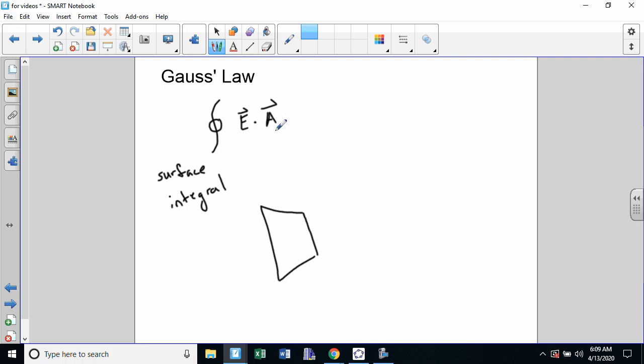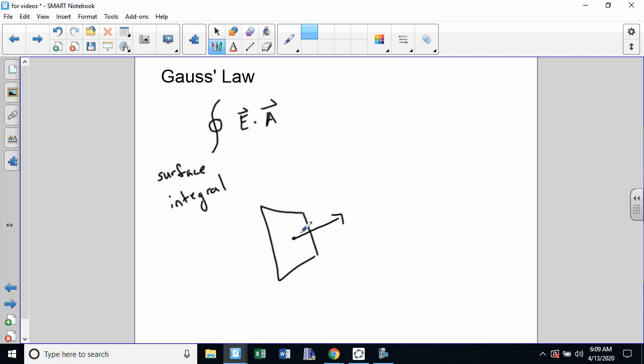The area vector is the vector perpendicular to the surface of our shape. So the area vector always points out from the surface. This would kind of be like a normal vector.